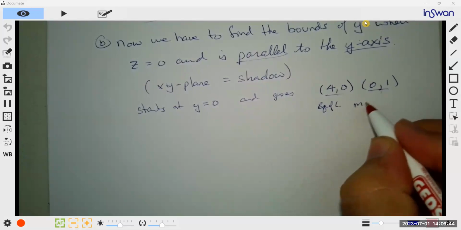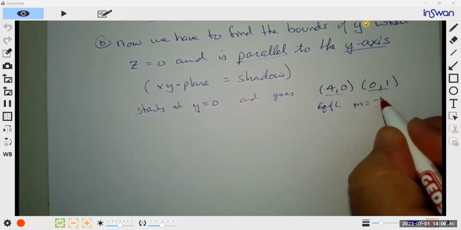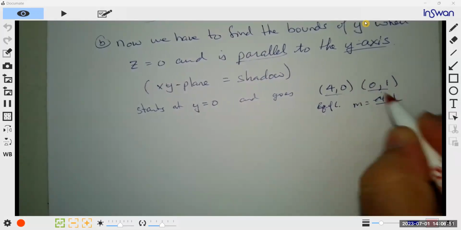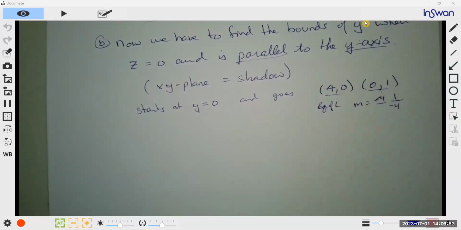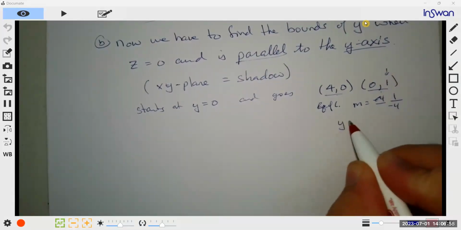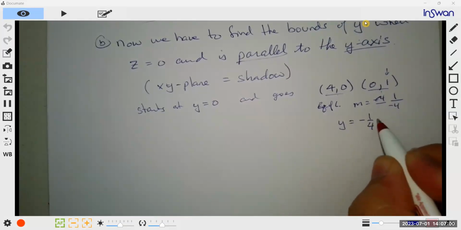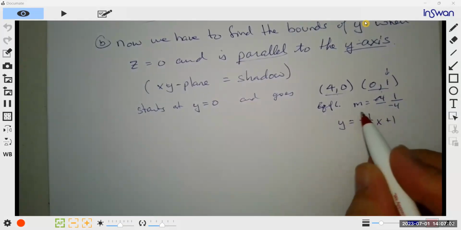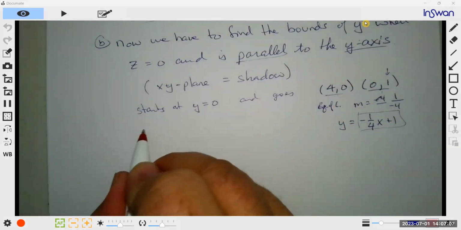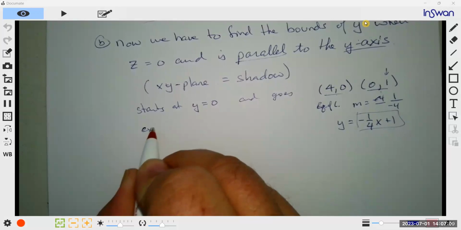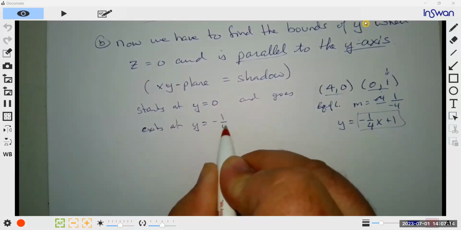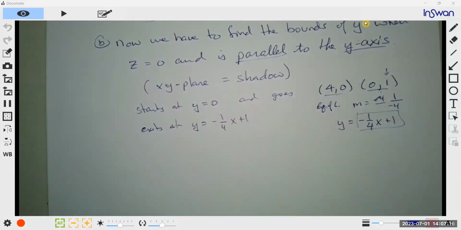So the slope is 1 minus 0 is 1, over 0 minus 4, so the slope is -1/4. The y-intercept is 1. So that is where it exits, at y equals -1/4 x plus 1.